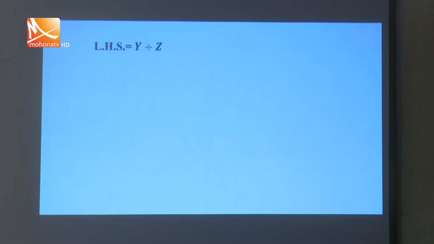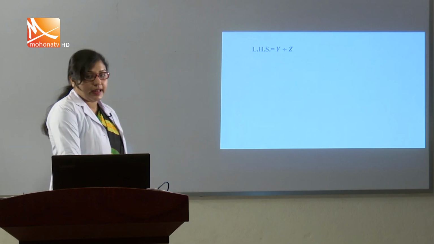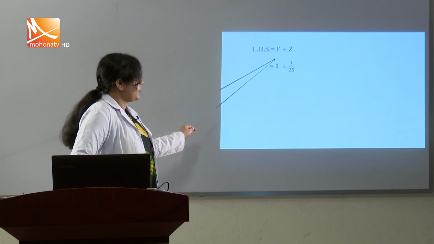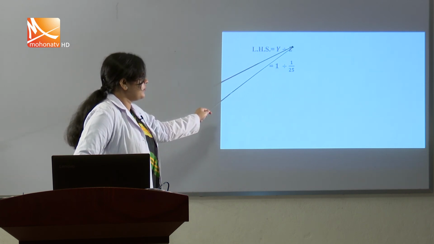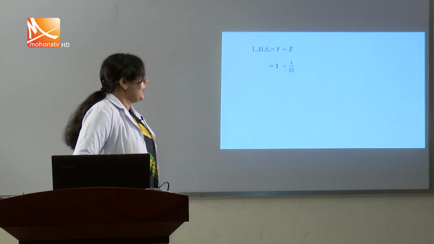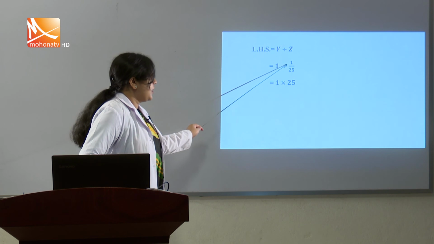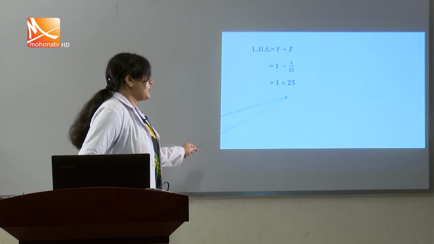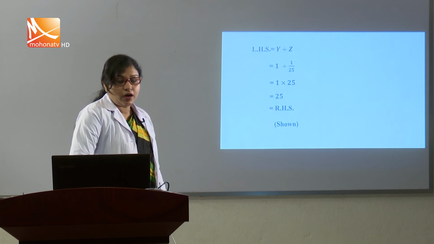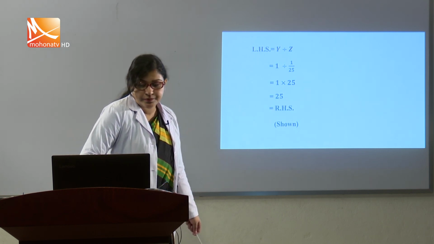And now in our left hand side we have y divided by z, and from B we have y equal to 1, and in our previous slide we have discussed that the value of z is 1 by 25, and if we do this operation then we will get 1 into 25, which will give you 25, and this is the right hand side.